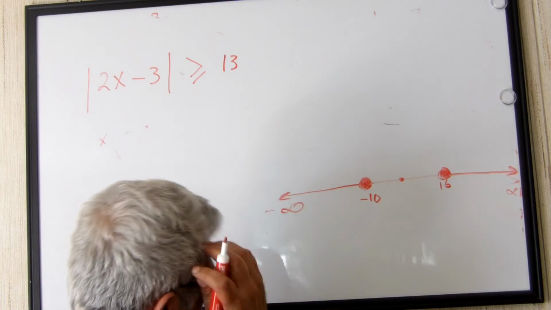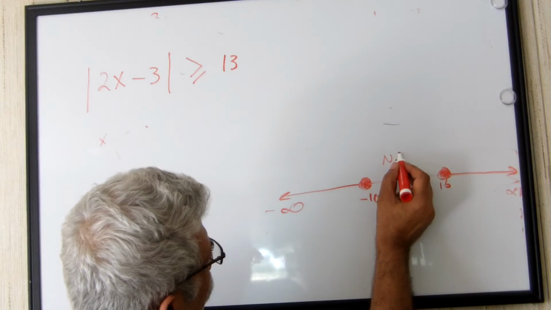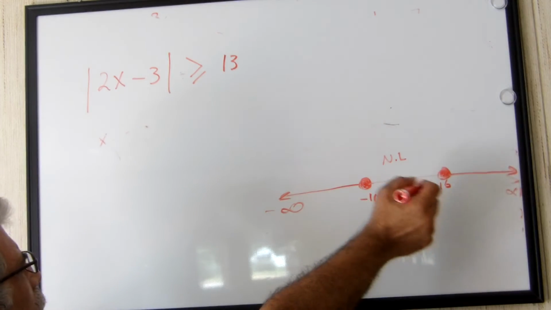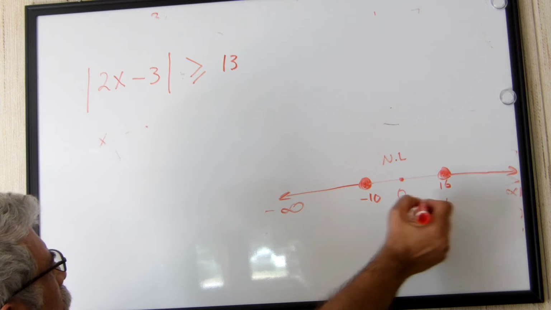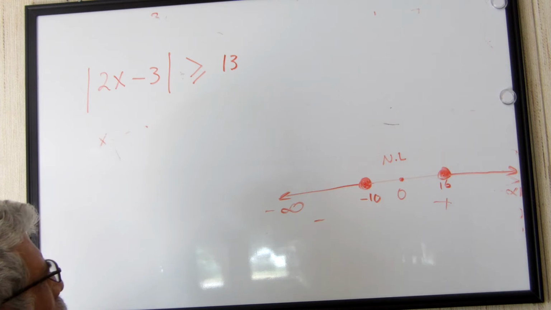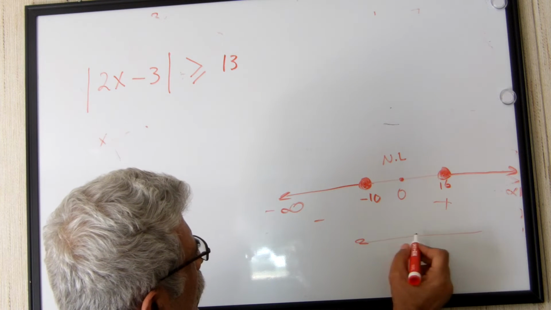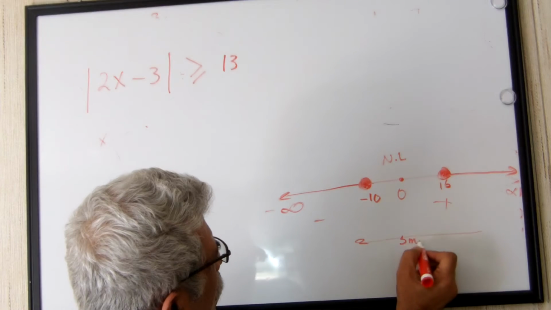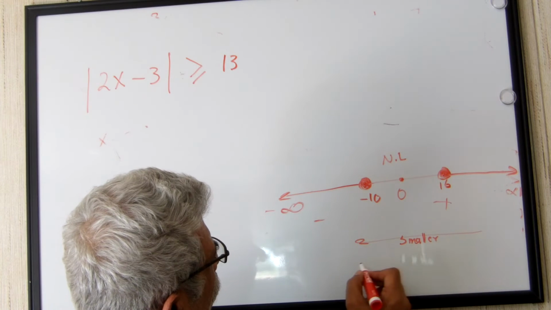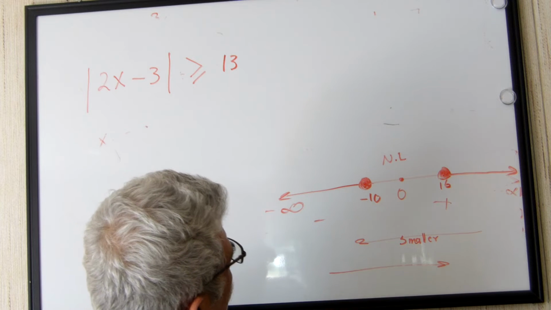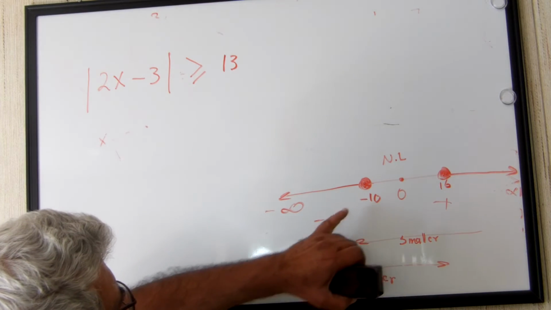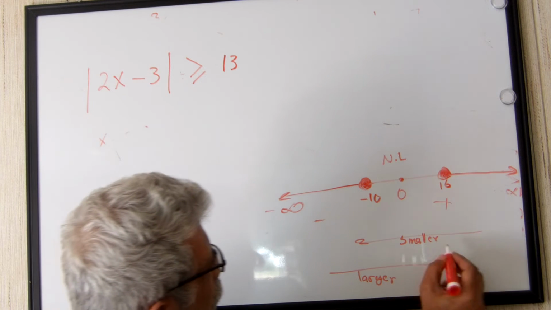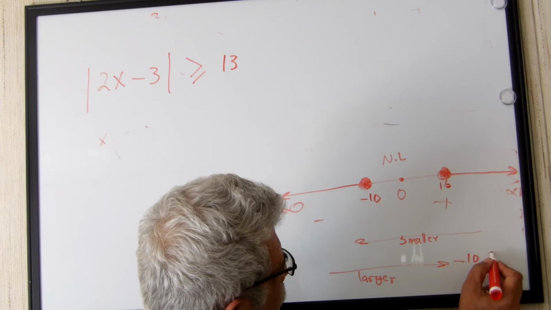This is the number line. Start from 0, go up positive, and this goes negative, the numbers are getting smaller, and this way they are getting larger. Like minus 10 is less than 10.